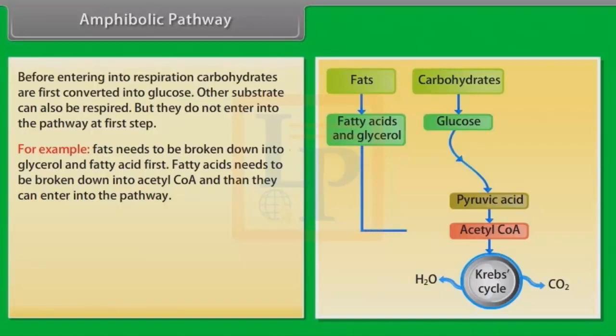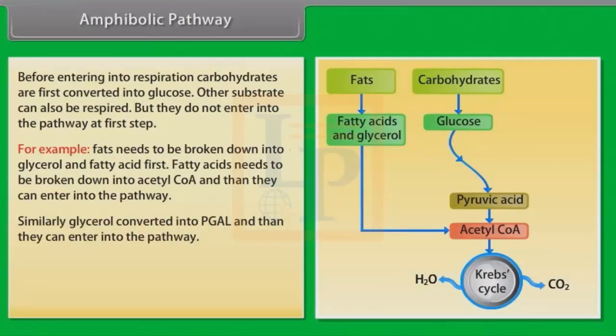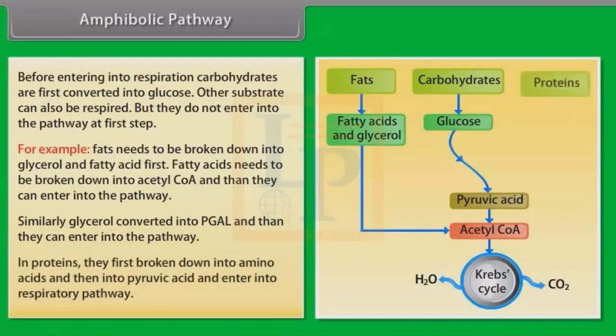Fatty acids need to be broken down into acetyl CoA, and then they can enter the pathway. Similarly, glycerol is converted into PGAL, and then it can enter the pathway. Proteins first break down into amino acids and then into pyruvic acid and enter the respiratory pathway.